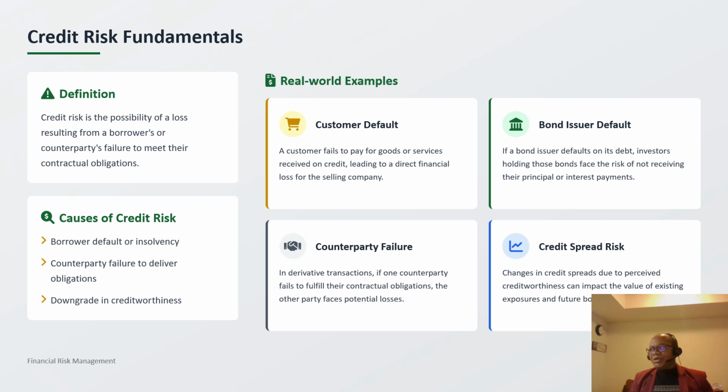If a bond issuer defaults on this debt, investors holding those bonds face the risk of not receiving their principal or interest payments. A credit spread risk. Changes in credit spreads due to perceived credit worthiness can impact the value of existing exposures and future borrowing costs.